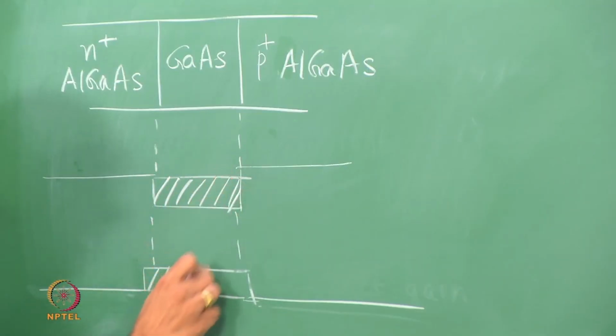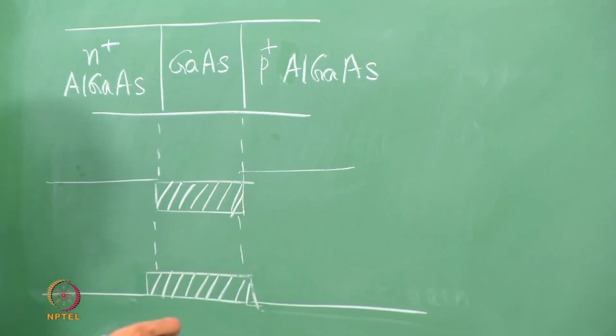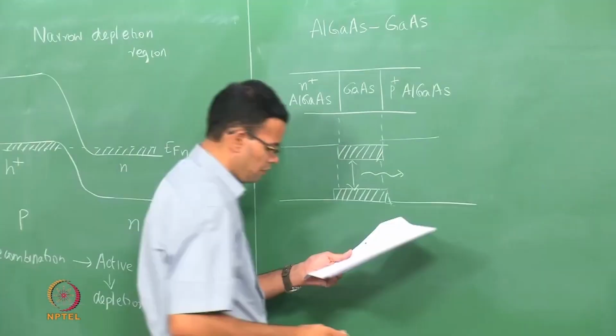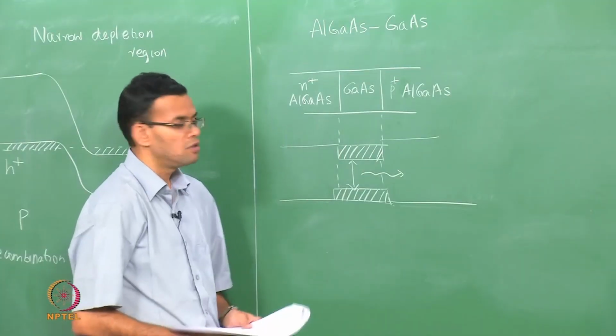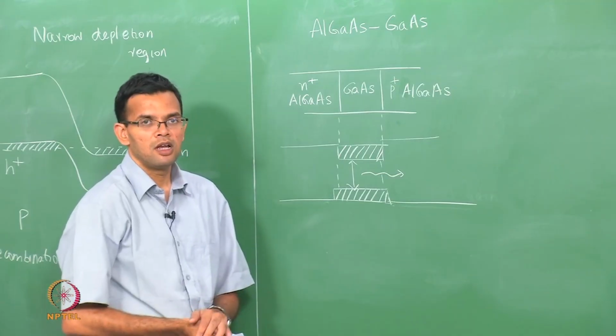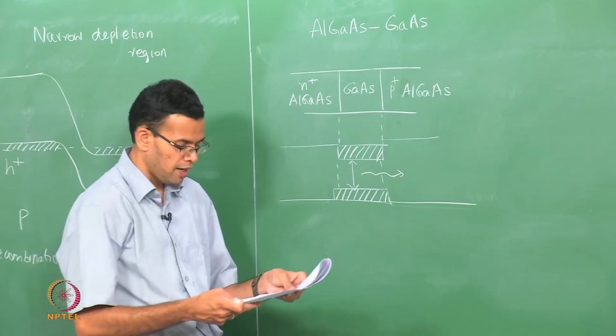You have electrons and holes, and these can recombine to give you light. So, this kind of structure can then be incorporated with mirrors in order to produce the lasing action.